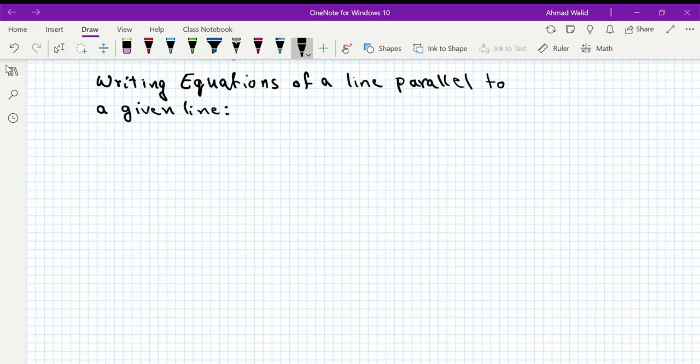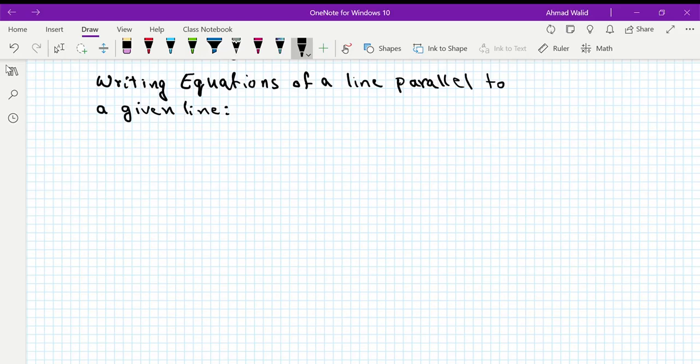Let me write down here for you. Correct? Under this topic, usually they give you one point of one line and the equation of the other line, and they are asking you to write the equation for the line which is parallel to the given line.